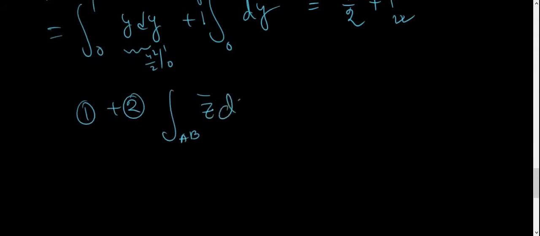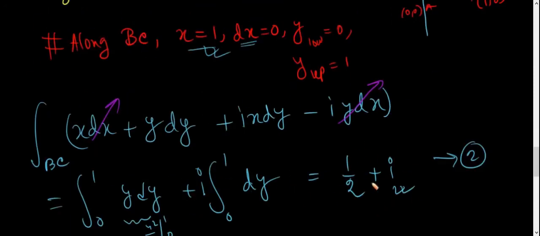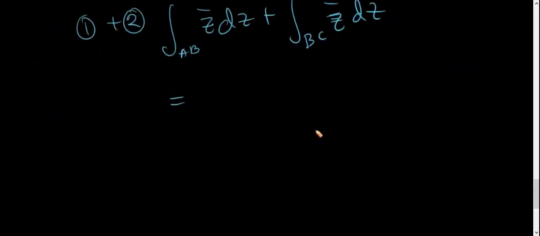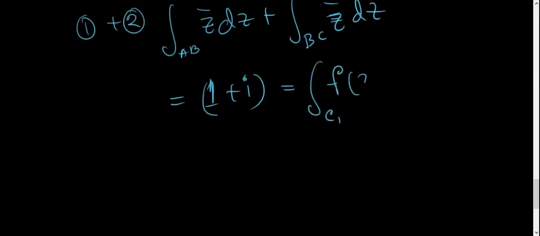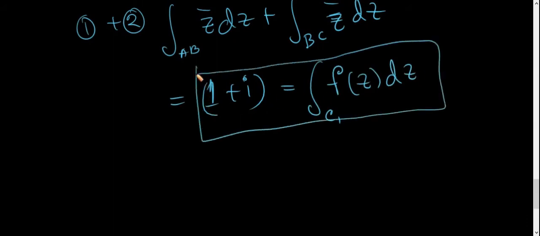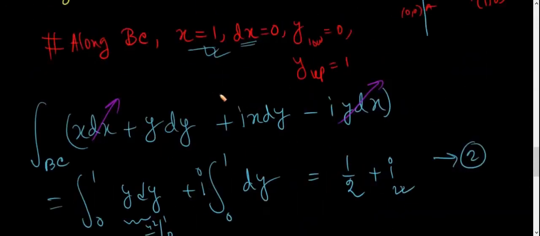The integral along AB of z bar dz plus the integral along BC of z bar dz, and if you add these results, 1/2 plus i and 1/2, this will just be 1 plus i, and this is the exact result for this contour, that is f of z dz. So this is our result. This is one way to calculate this integral.